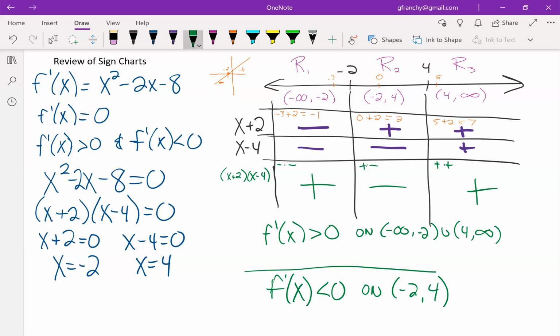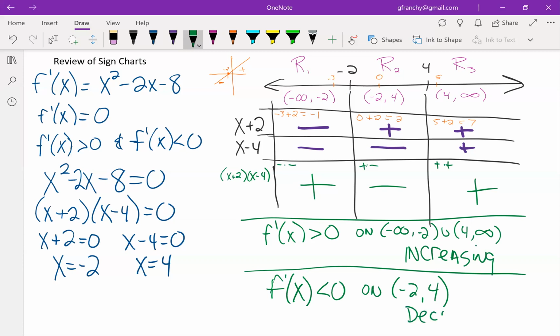So on these intervals, our function is increasing. On this interval, our function is decreasing. When we do this for a second derivative, it's going to give us insight on the concavity of the function.